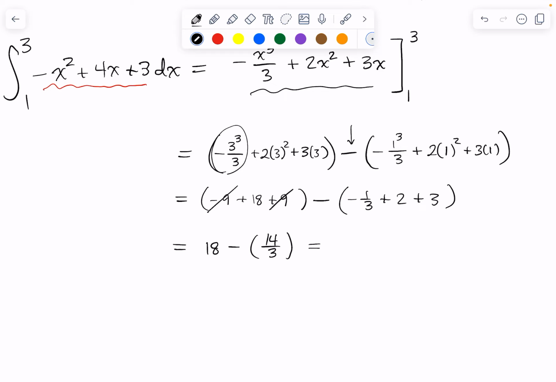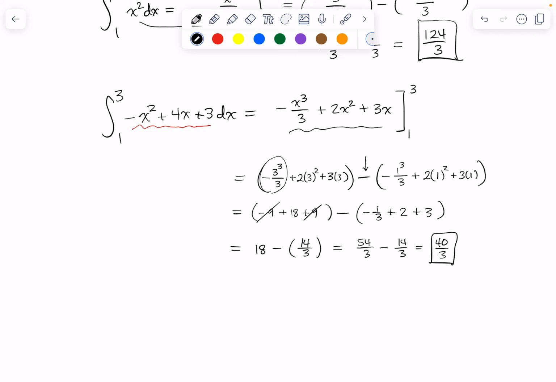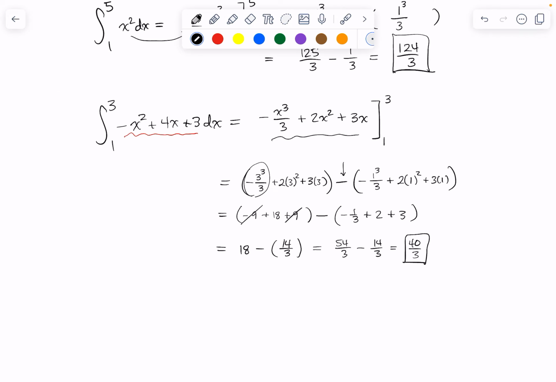Let's put the 18 over 3. 18 times 3 is 54 over 3 minus 14 over 3. That's going to be equal to 40 over 3, right? There we go. So sometimes they get a little tedious.